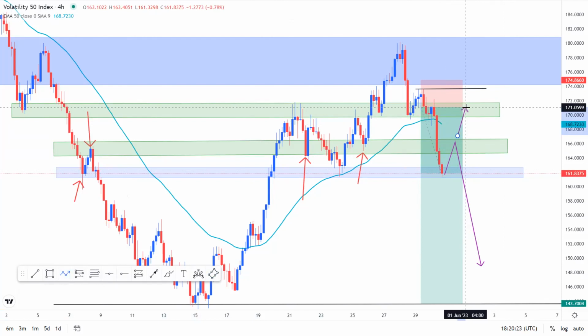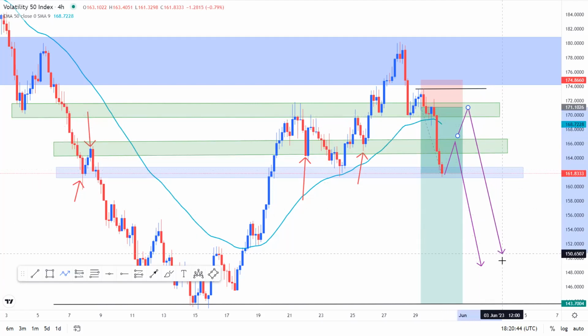As soon as we test this level, you can now scale down to the 1-hourly time frame, because clearly this is the 4-hourly time frame. You don't want to go a time frame lower, or even the 15 minutes time frame, the 30 minutes time frame. And then at the retest of this level, you want to look for entry confirmations to go short, because we have clearly identified that the market is in a downtrend.